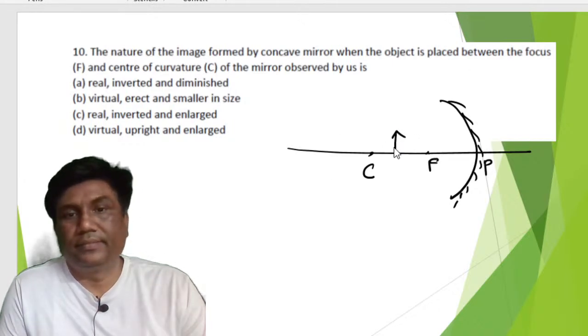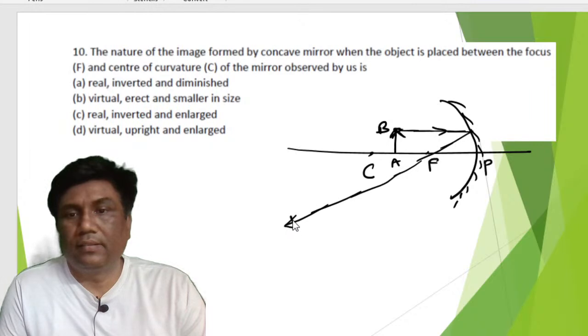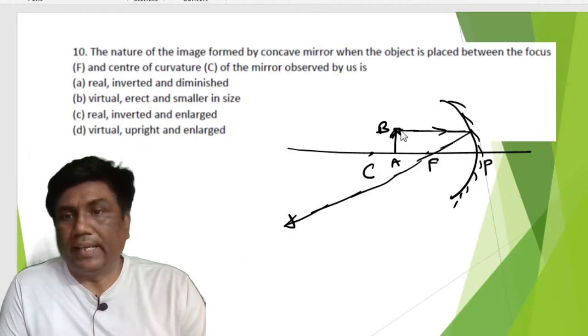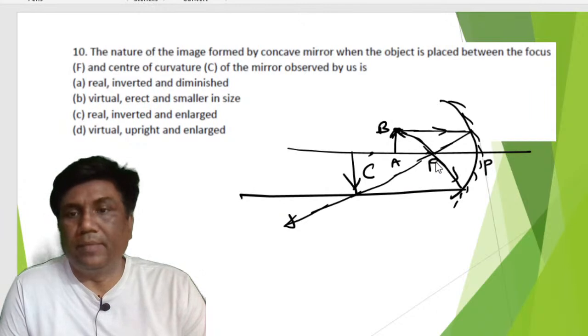Well, say this is the object A, this is B. So draw, okay, from B take a parallel line. It will definitely go towards the focus. Well, if a second line is taken towards the focus, it will definitely go parallel. So this will be the image, okay.